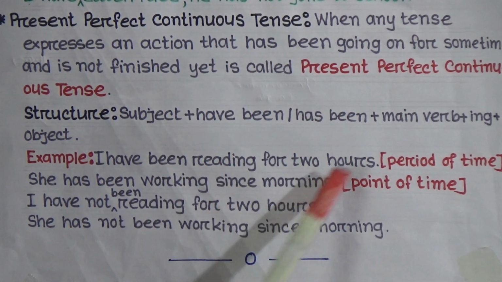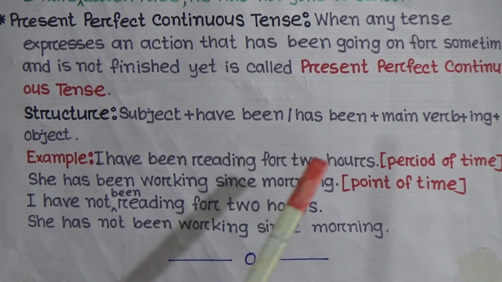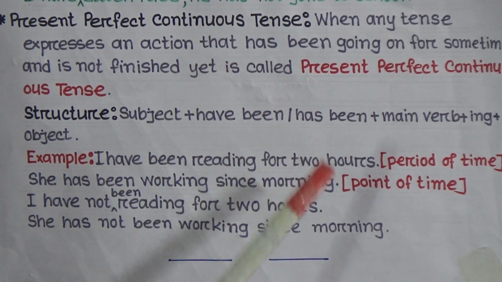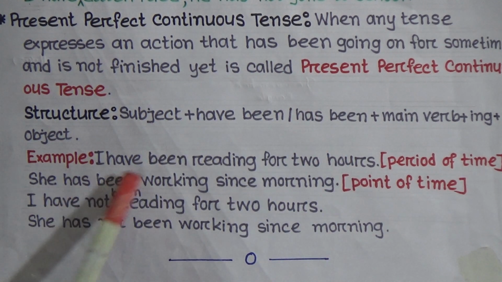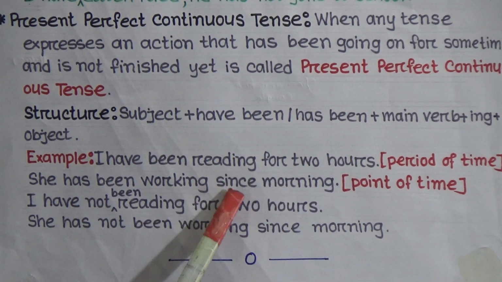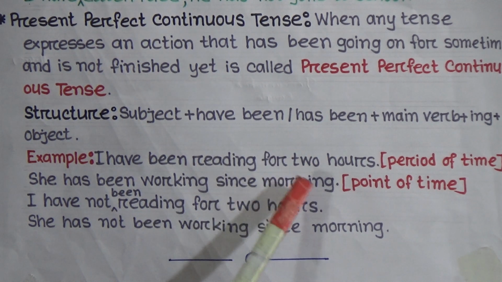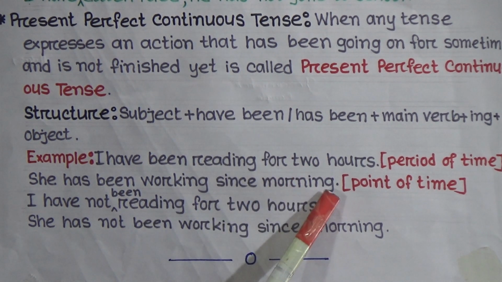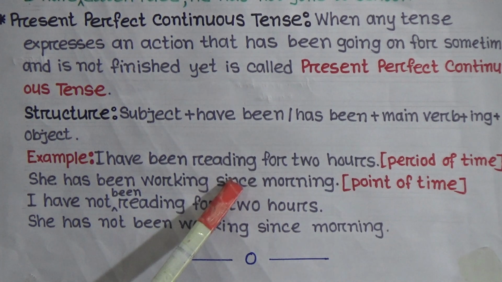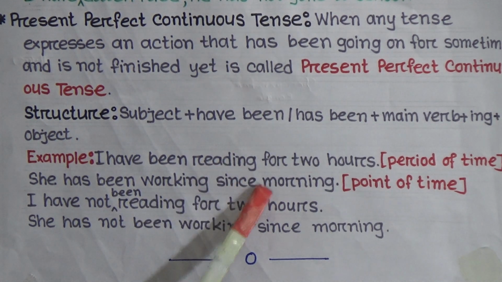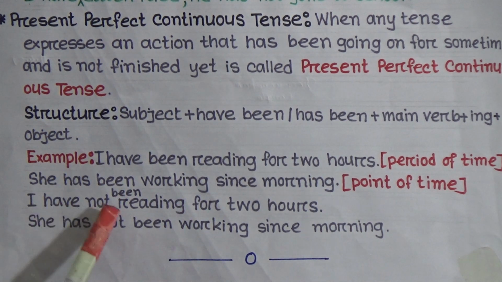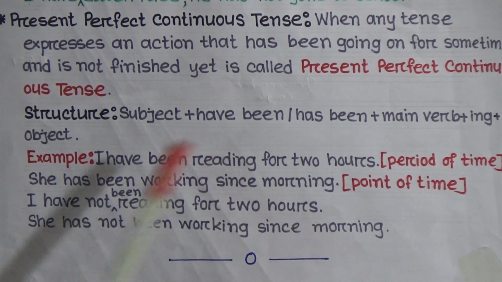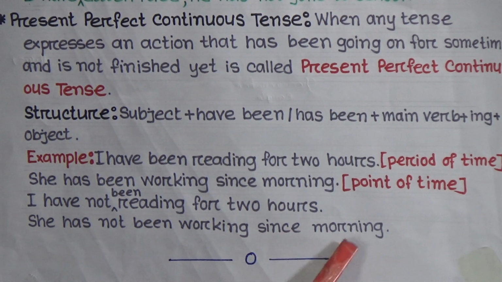Here our action is happening for some time, that means 2 hours is mentioned. And in the next example, she has been working since morning. There also a point of time is mentioned, and it is morning. So these are the examples of present perfect continuous tense. And while changing it to negative, we have to use not: I have not been reading for 2 hours. She has not been working since morning.